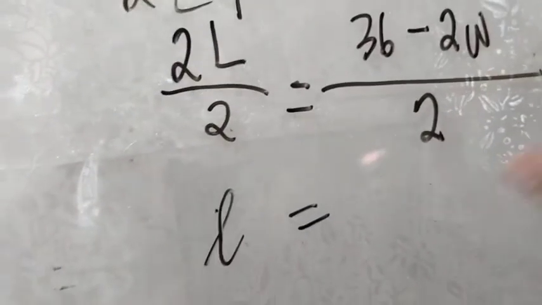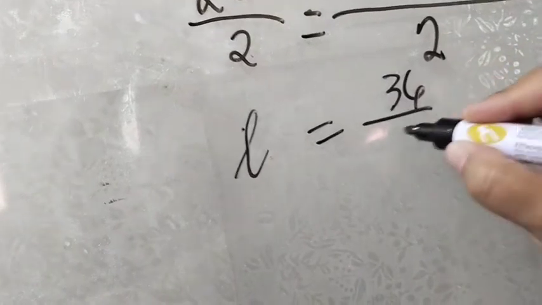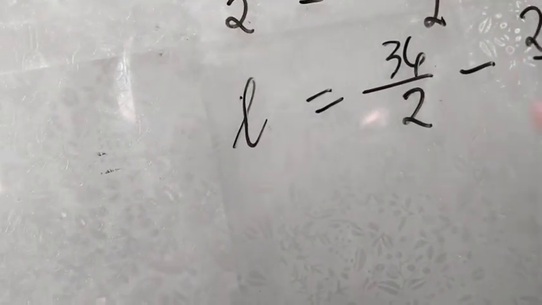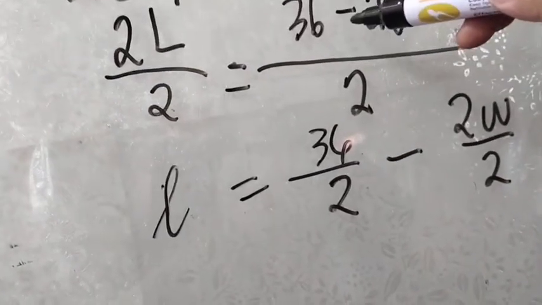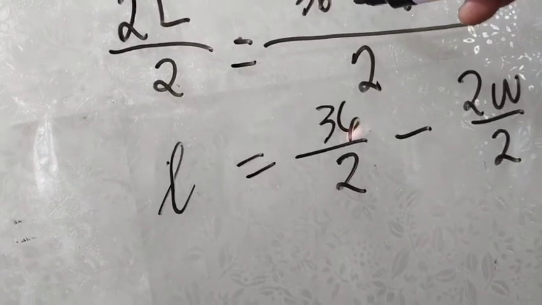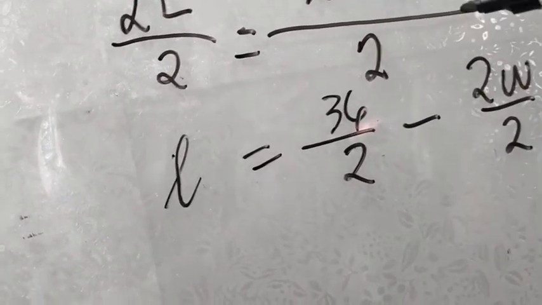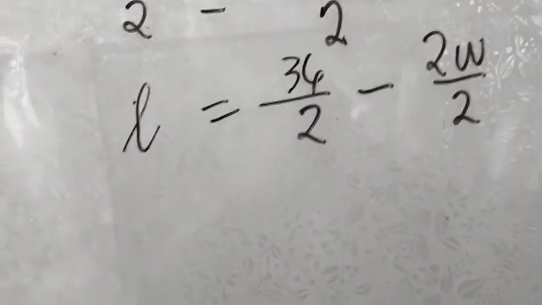And then here, kung naguguluhan kayo dito, isipin nyo lang na pwede natin siyang isulat as 36 over 2 minus 2W over 2. Pwede po yan, kasi siya ay fraction. Pinag-separate siya ng minus sign, and their denominator is the same kasi similar terms sila. Parehong 2 ang kanilang denominator.